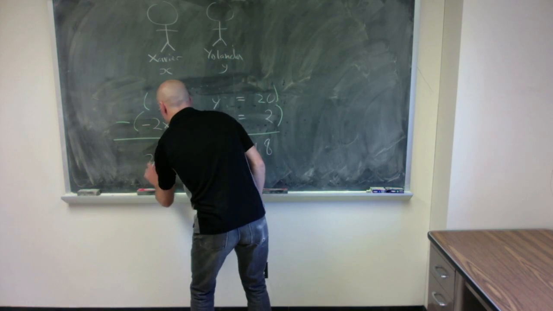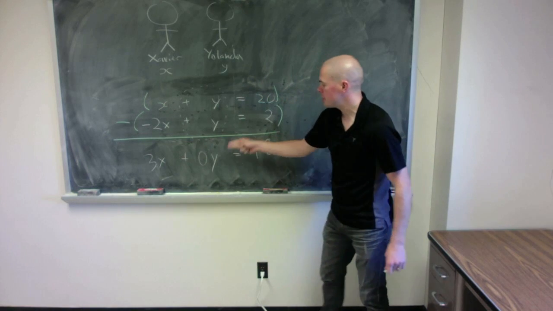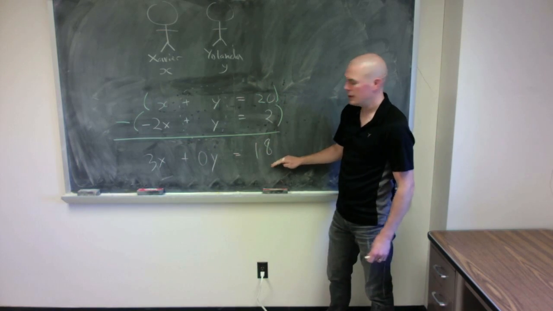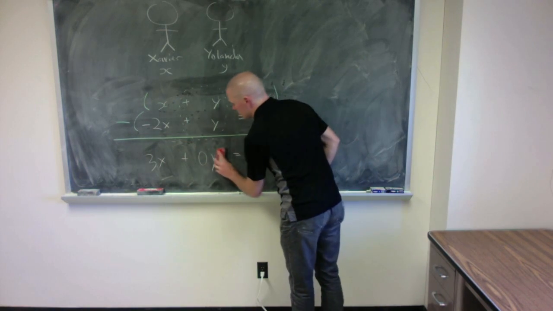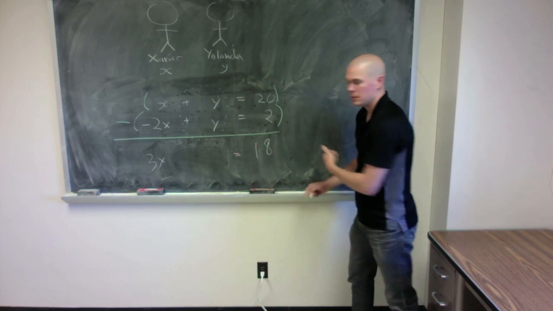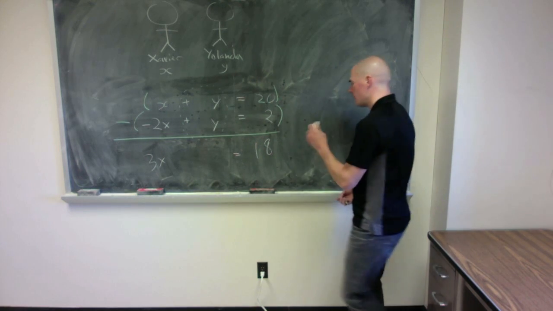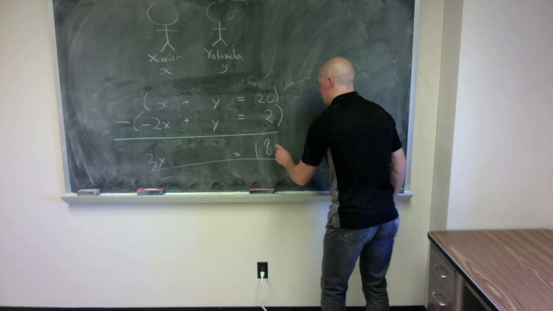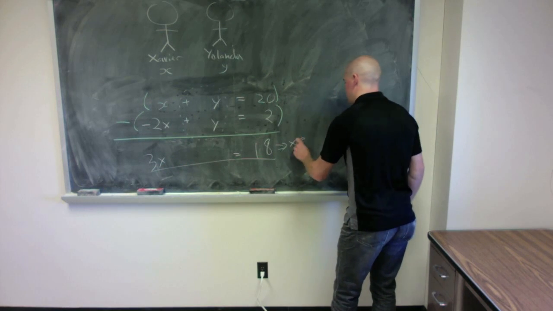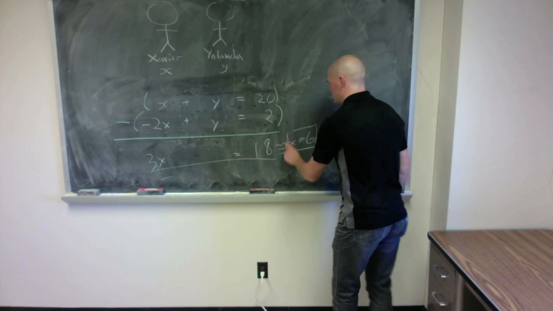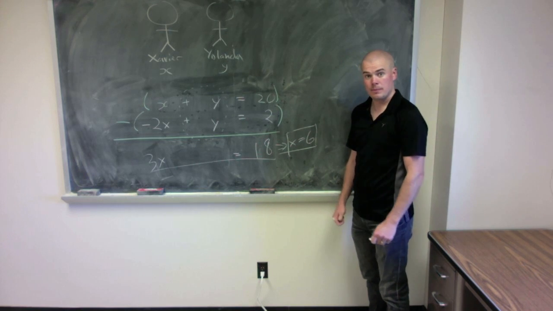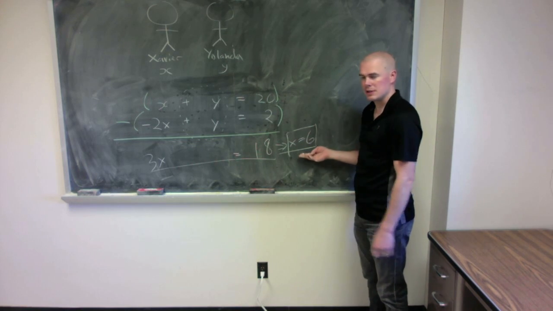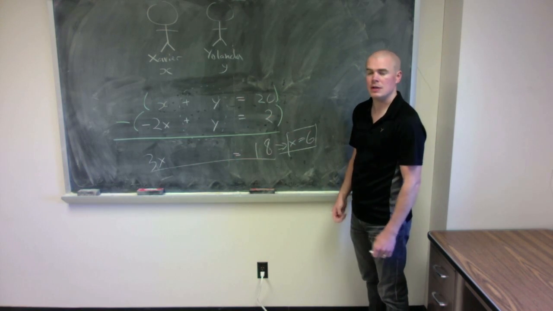We have 3x. So 3x plus 0y is equal to 18. And remember that the 0y just disappears. So I have 3x equals 18. And then we see this implies x equals 6. And now we can plug this 6 into either one of these equations, and we can discover what we want.